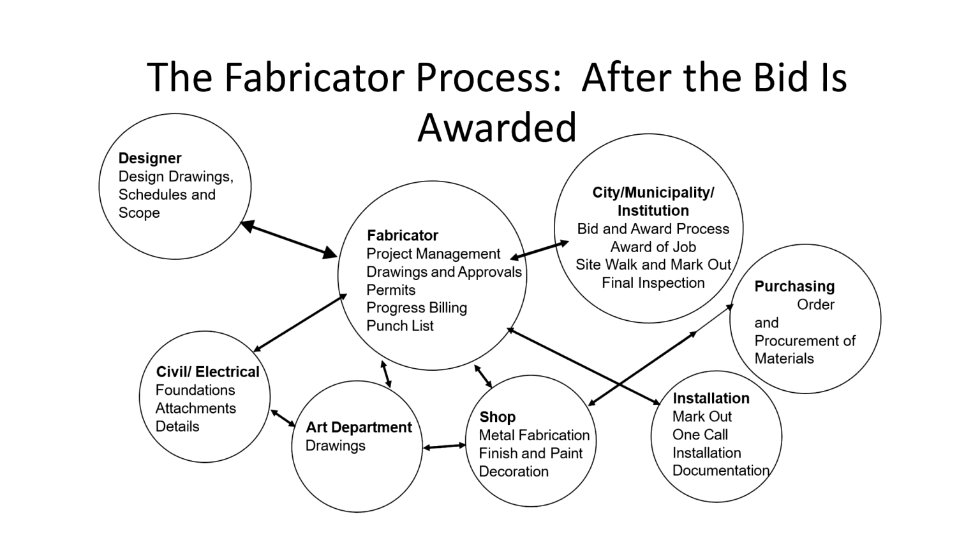Then, in this overall collaboration, we need to understand what the overall process is in which bidding takes place. Here, the designer initiates the process by creating comprehensive design drawings, schedules and project scopes detailing the vision and requirements of the fabrication.